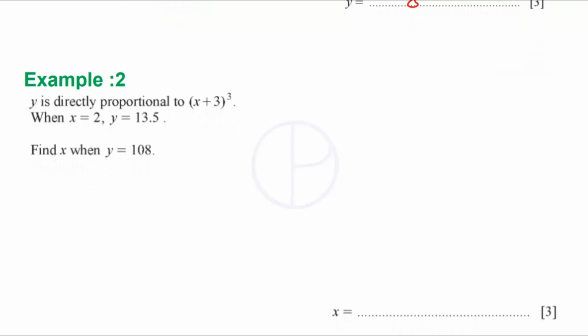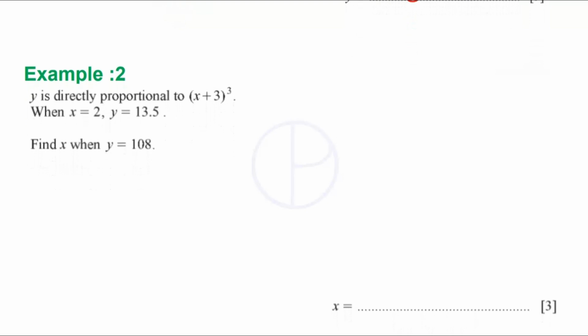The next question is y is directly proportional to x plus 3 the whole cube. So write y is proportional to x plus 3 the whole cube. Then what is y? y is equal to k times x plus 3 the whole cube.